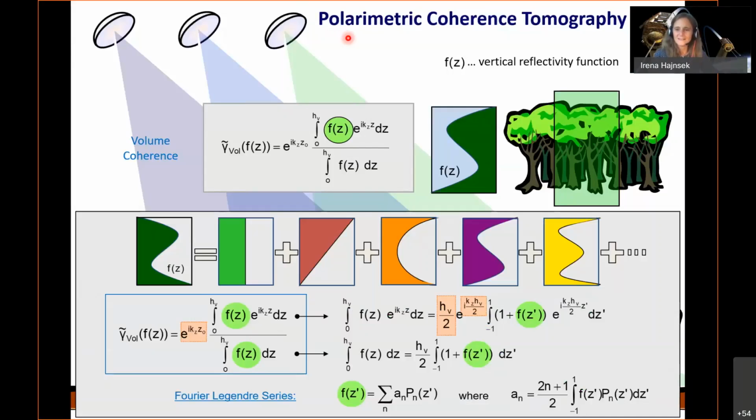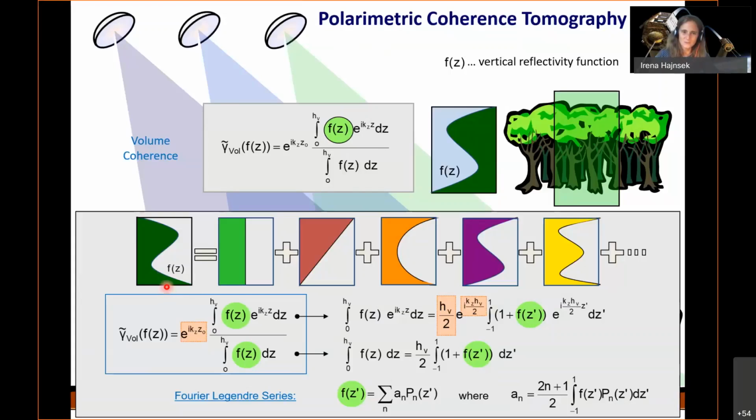I've already heard people call it poor man's tomography, because here you only use two baselines. It is expensive to use a lot of baselines, in terms of acquisitions and also time. But if you need only two baselines in order to express this function f(z) much better, then this is a good approach.